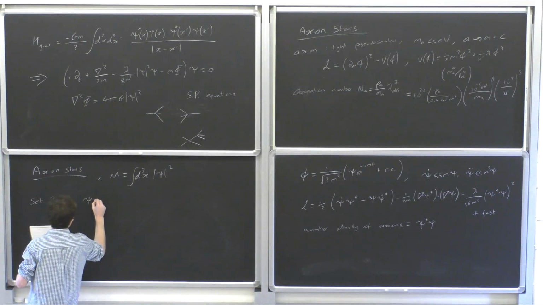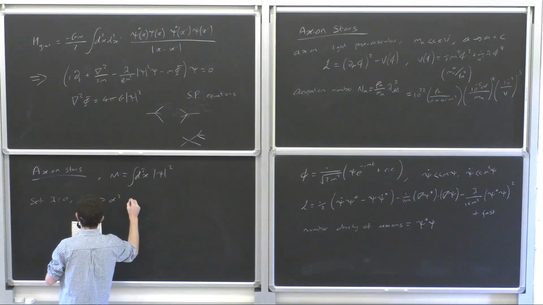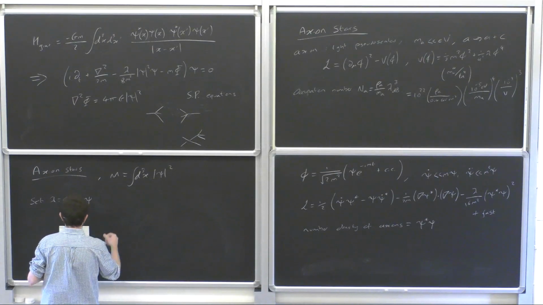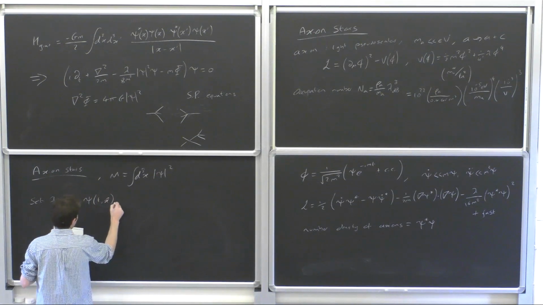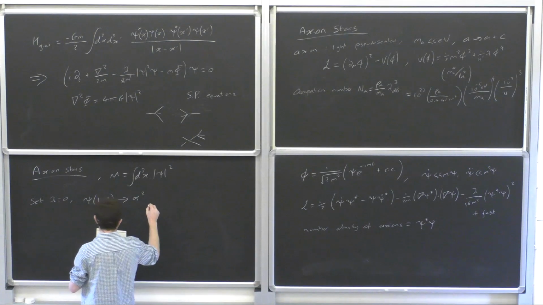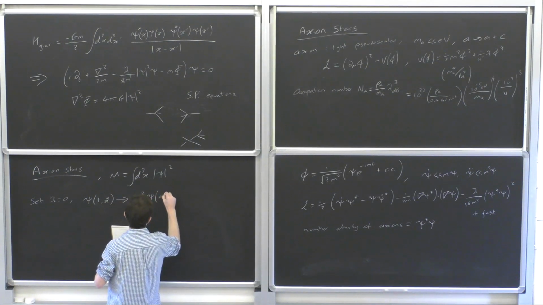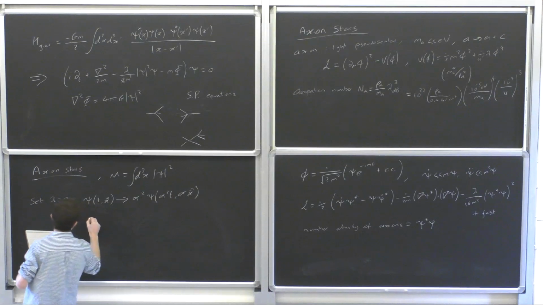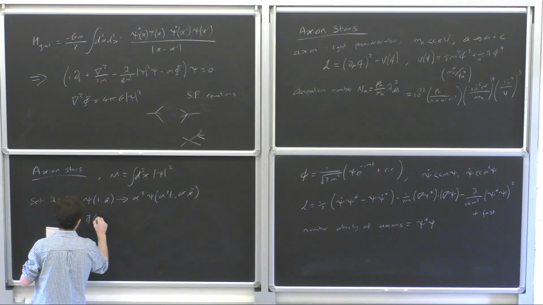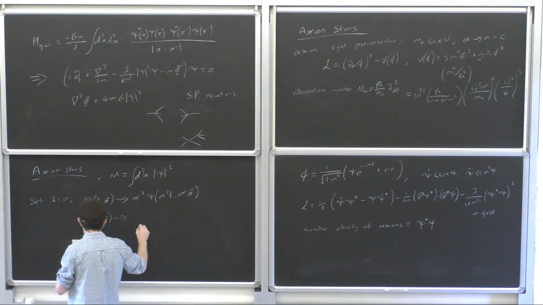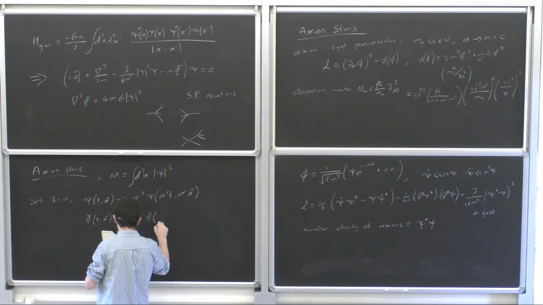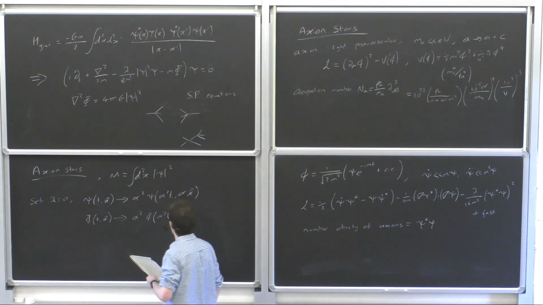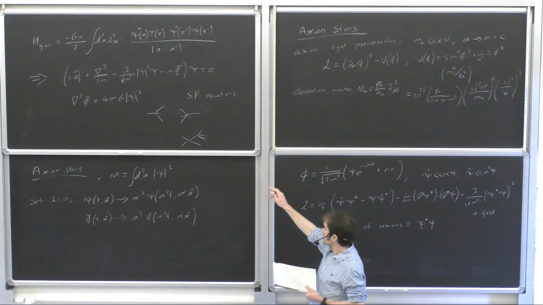If I have some solution psi as a function of time and position, and I take this to alpha squared psi of alpha squared t, alpha x, and also simultaneously rescale capital phi to alpha squared phi of alpha squared t, alpha x, then the thing that I get out is still going to be a solution.